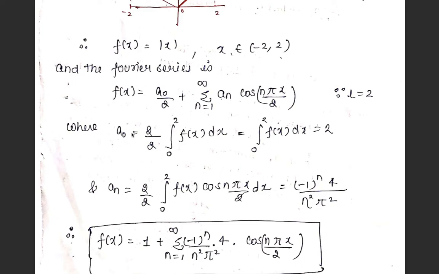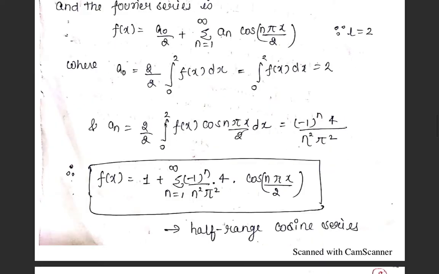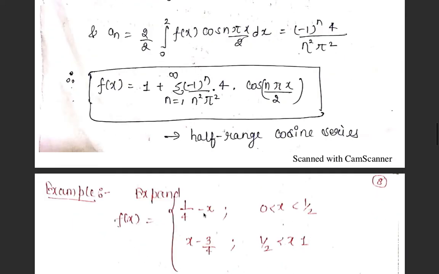I have obtained the coefficients a0 and an: a0 is 2 and an is 4 multiplied with (minus 1) to the power n divided by n square pi square. On substituting these coefficients into the Fourier series, I got the Fourier series of f as this expression, which is the half range cosine series.